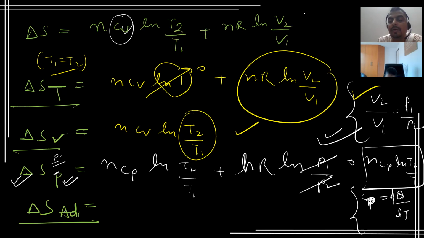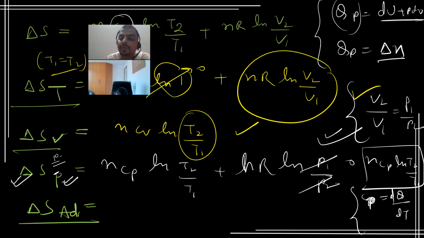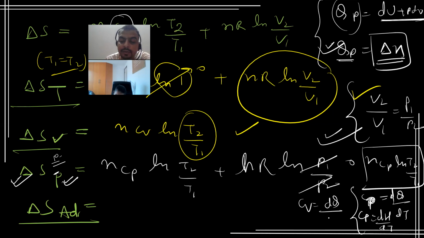And you know, at constant pressure, as I already told you, Qp becomes dU plus PdV. So Qp becomes delta H, the enthalpy, the heat supplied at constant pressure, from the first law of thermodynamics, as I explained. So Qp becomes the enthalpy change, so Cp is equal to dH/dT. Cv was dq/dT, dU/dT, and Cp is dH/dT.